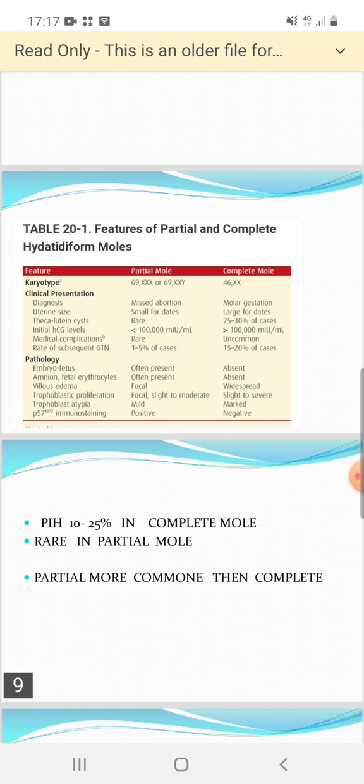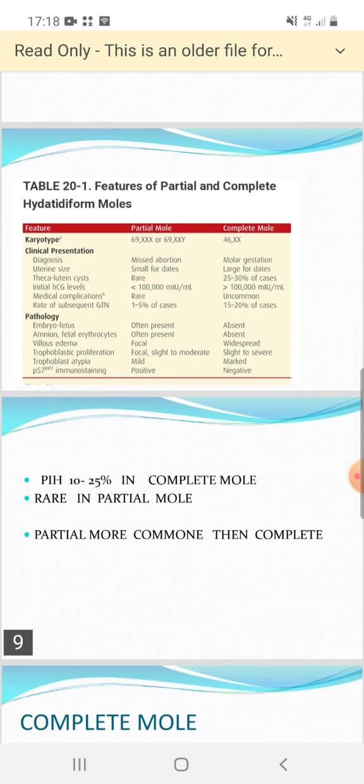Theca lutein cysts are rare in the partial mole, but occur in 25 to 30% of cases in the complete mole. And beta HCG is less than 100,000 in partial and more than 100,000 in complete. So with more beta HCG, there is more stimulation, more theca lutein cysts, and a uterus larger for dates.